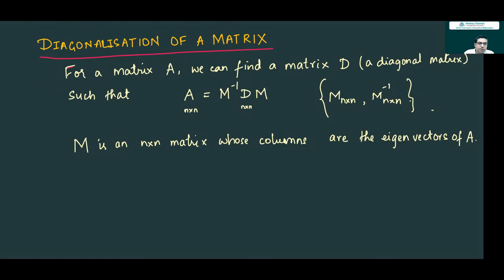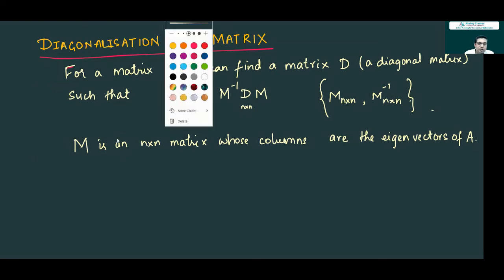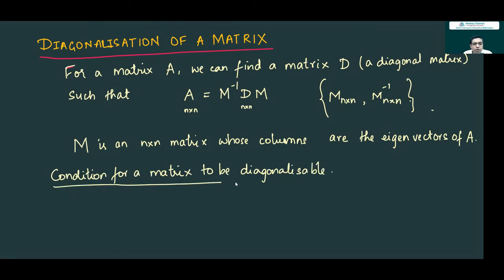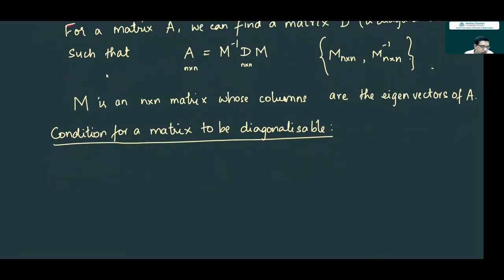Now condition for the matrix to be diagonalizable. That means, will we be able to diagonalize the matrix A? All right.